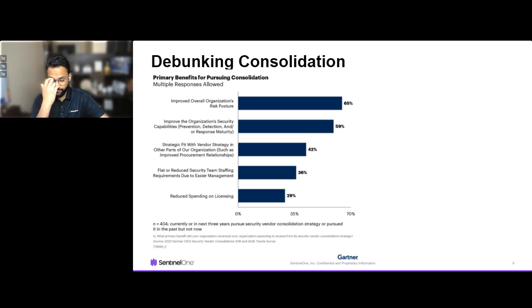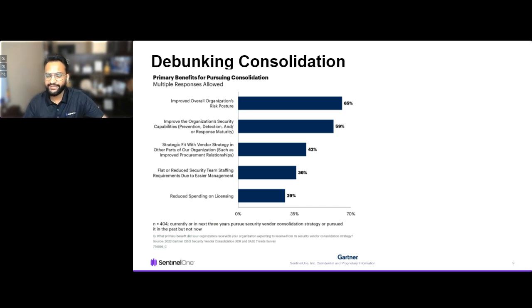So, just presenting a survey result from Gartner where security leaders were surveyed on the primary benefits of pursuing consolidation. One of the biggest reasons why security leaders are looking at consolidation is improved overall organizational risk posture.